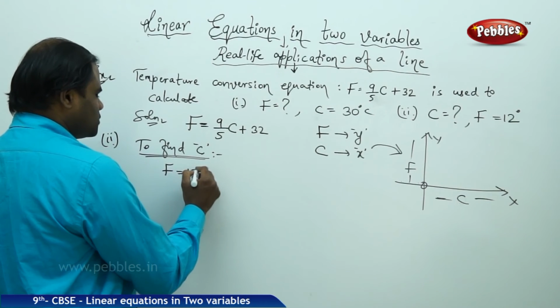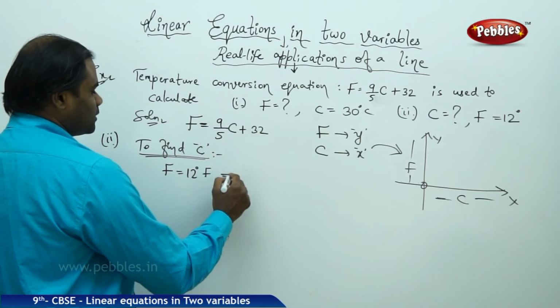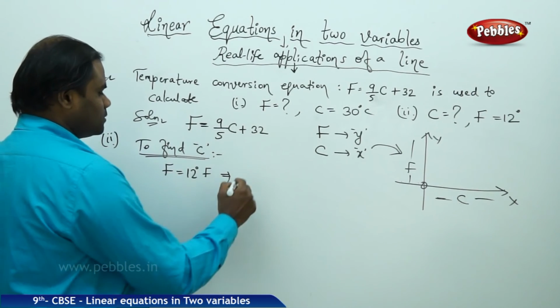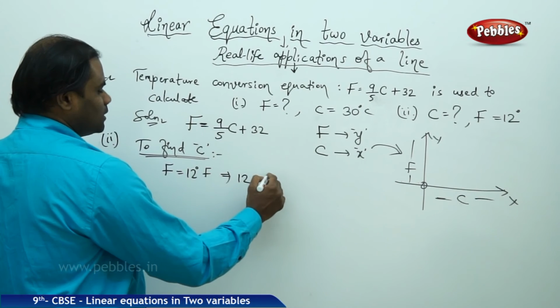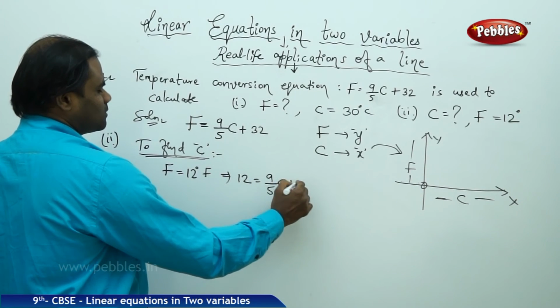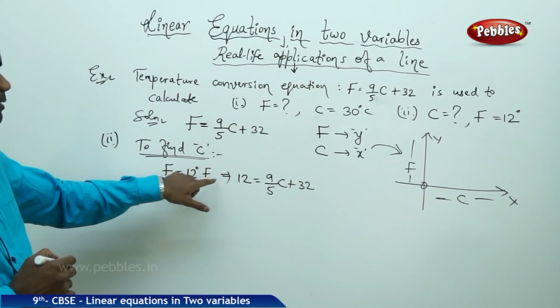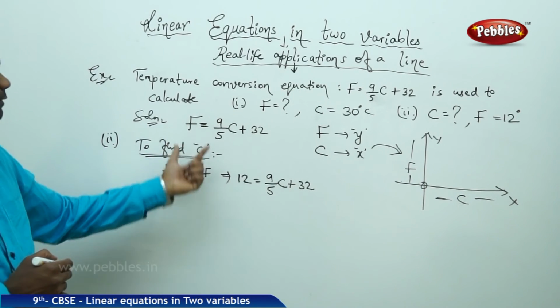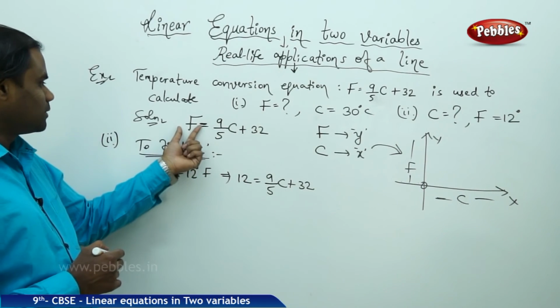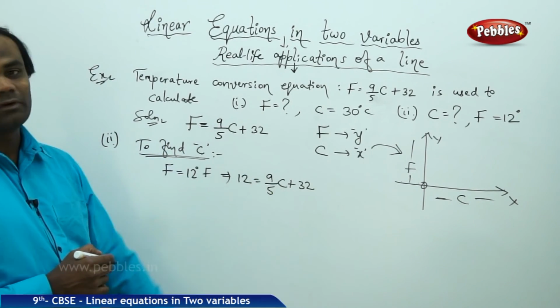F is given to be 12 degrees Fahrenheit. That implies when I substitute into the given equation, 12 is 9 by 5 times C plus 32. So when F is 12 degrees Fahrenheit, I convert by substituting F equals 12 and then simplifying to find C.